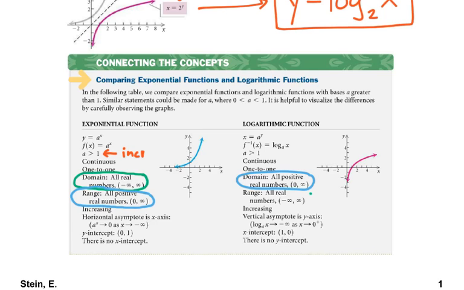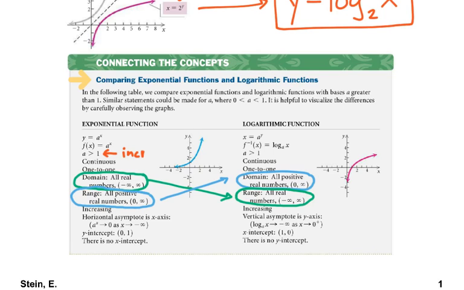And what you'll notice is that they are switched. We've switched our domain and range. And that is indicative of an inverse, because when you switch your x's and y's, you're switching your set of x's and your set of y's. That means you're interchanging your domain and range. Domain is the set of possible x's. Range is the set of possible y values.